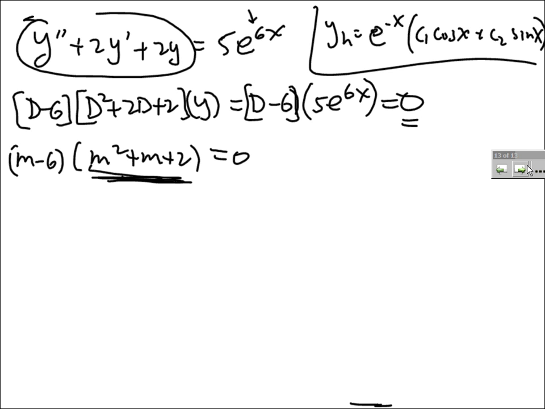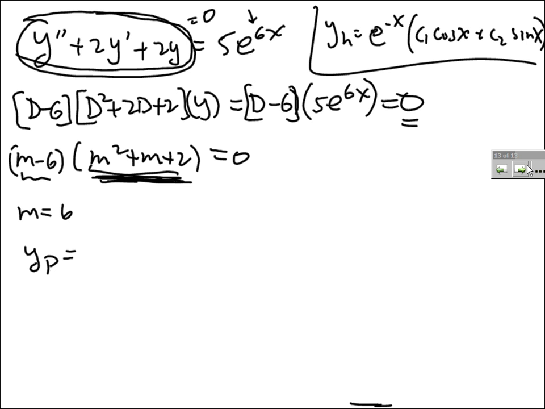After all, what's the auxiliary equation for y double prime plus 2y prime plus 2y equals 0? The answer is this. So the only new one that's coming up is this. m is 6. So y particular is just going to be c1 e to the 6x.